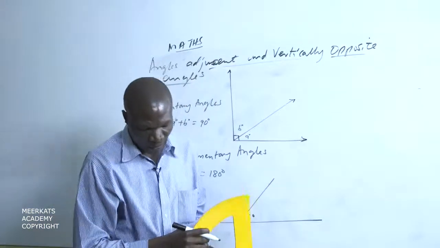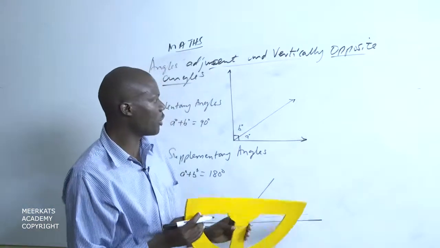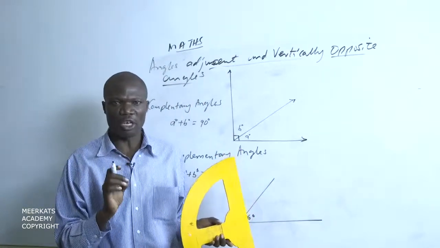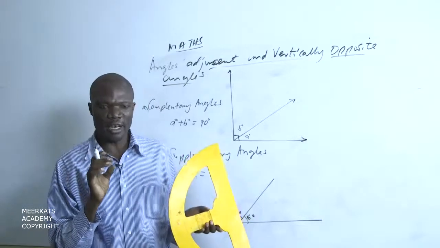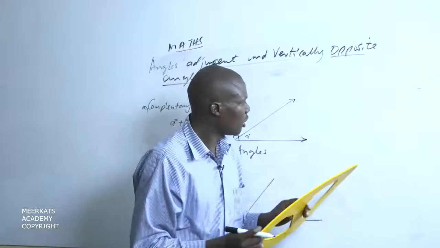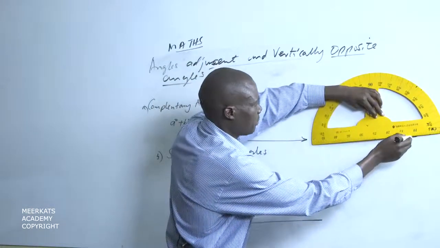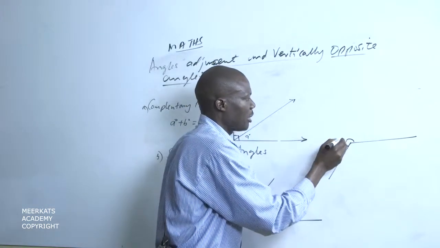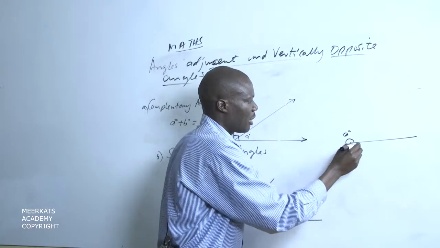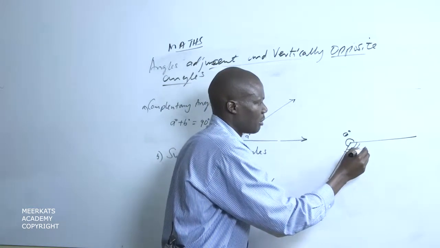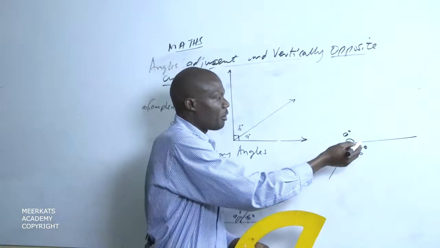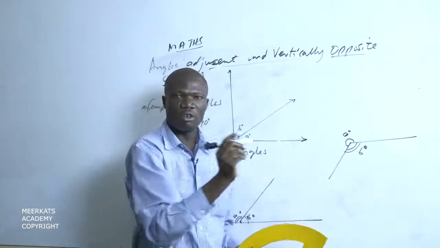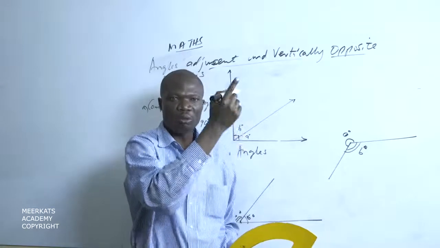The last pair of angles are those which, when we add them together, give us a revolution. Note that a revolution is 360 degrees. Taking this angle here, this is angle A, and here is angle B. You start from here, finish angle B, angle A, and then you move again all the way to finish angle A. You'll have moved one complete revolution.